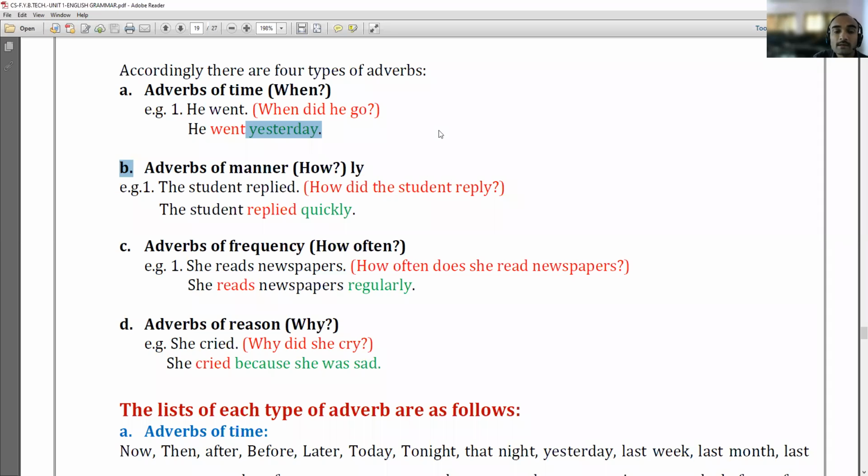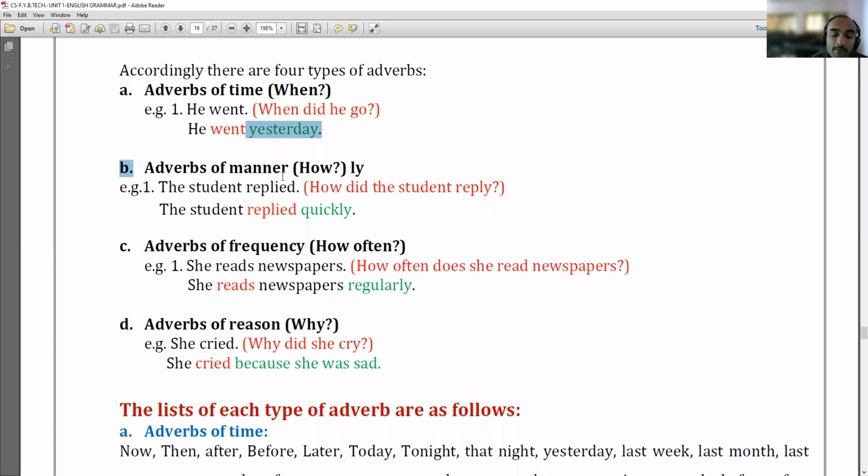Adverb of manner, when we are describing the action, ती क्रिया कशी घडली, okay, how that action is happened, then we have to use adverb of manner for describing the action, in what sense or in what manner that action has happened.